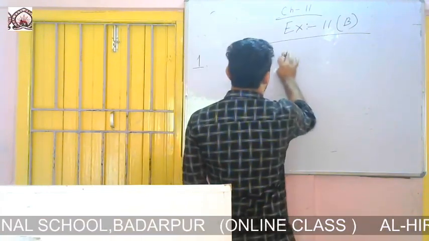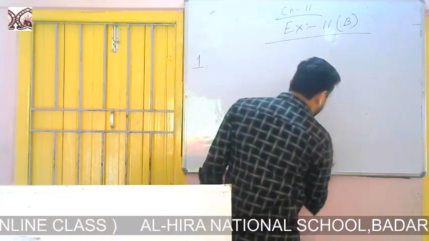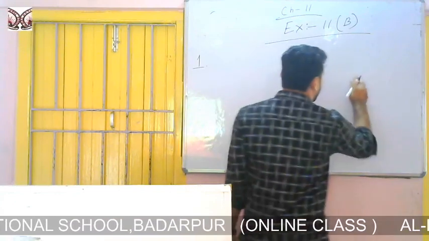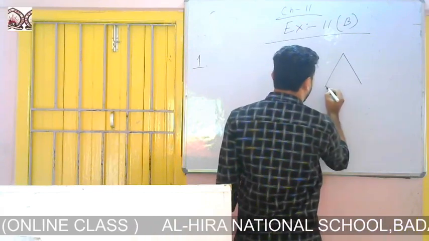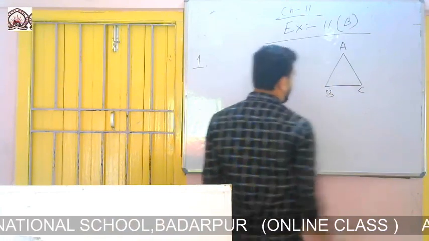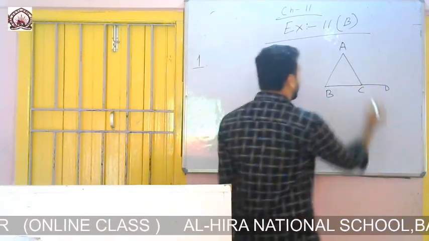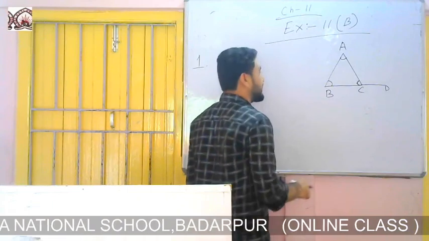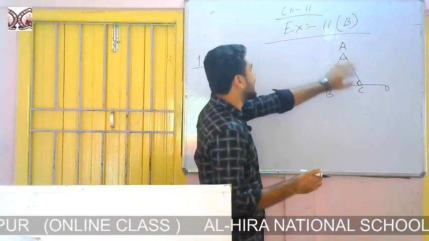So before that, let me discuss the exterior angle property. I have already discussed it in the previous class, so just for reminding I am discussing it again. Suppose I draw a triangle ABC, and if I extend BC up to D, then this angle and that angle are the interior angles, because these angles are situated in the interior part.